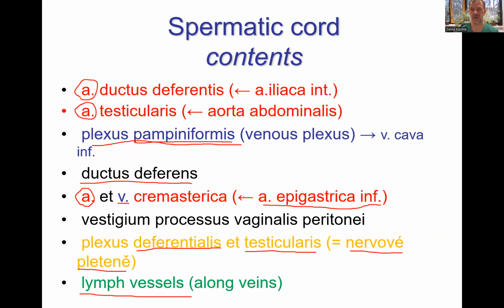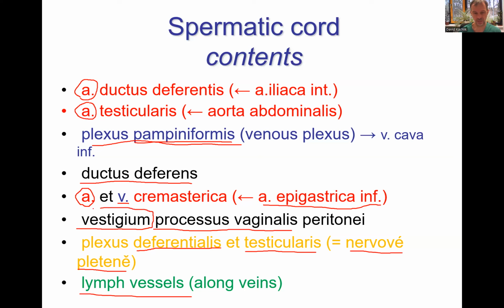And as I said, during the development, a pouch from the coelomic cavity appears, and this pouch is then called vaginal process. And the vaginal process produces the vaginal cavity of testes, and a communication or connection with the peritoneal cavity is then reduced and fades out, and there can be only remnants in the form of connective tissue, so it's called the vestiges.